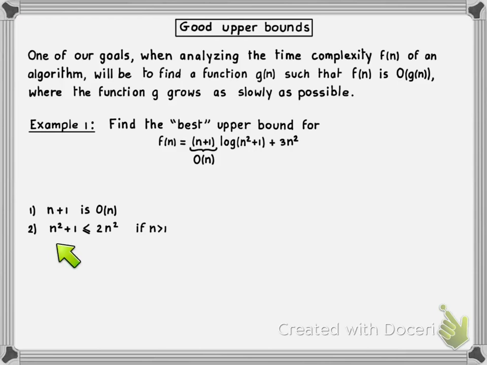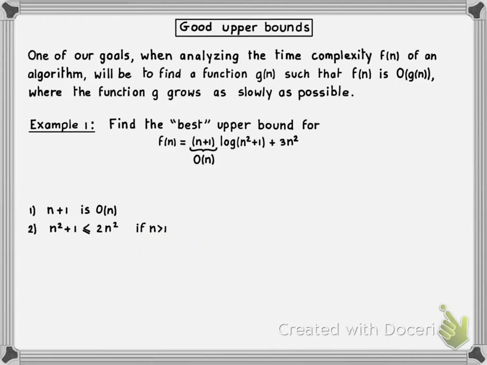Well, clearly n squared is less than or equal to itself, and 1 is less than or equal to n squared, where n is greater than 1. Therefore, n squared plus 1 is less than or equal to n squared plus n squared, or 2n squared, as long as n is large enough.